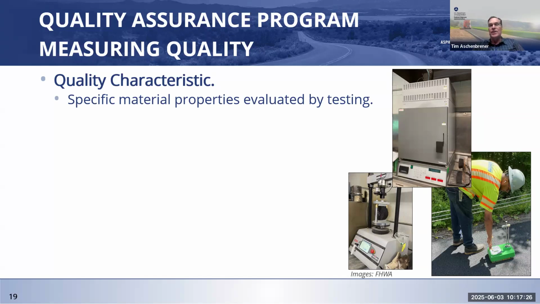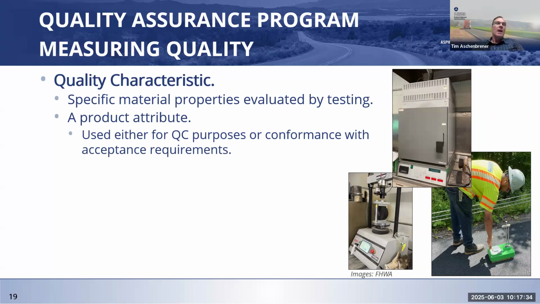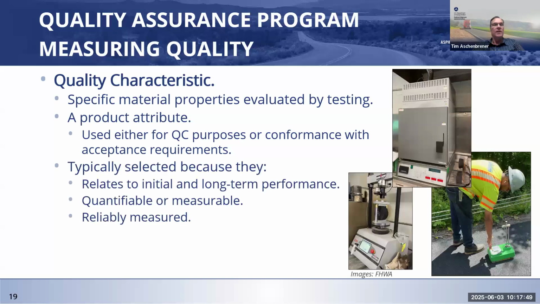You could run an IDEAL-CT and get a CT index, but those are all specific material properties that we call quality characteristics. These quality characteristics are attributes. They could be for quality control, or they could be for acceptance.